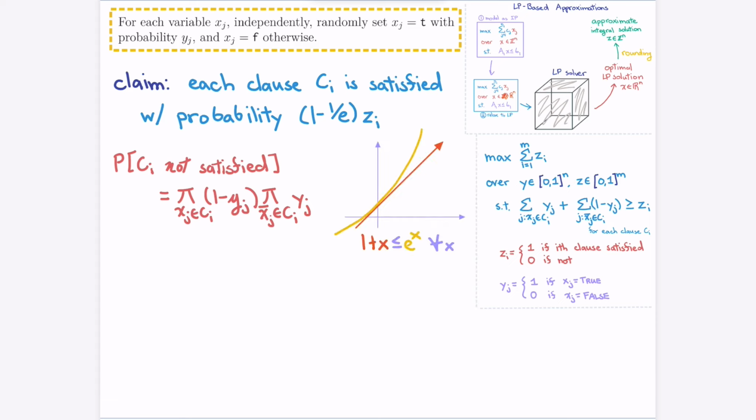Okay, so we're going to use the world's most useful inequality. If you plot 1 plus x and e to the x, at 0 they're both equal to 1. But actually, e to the x always grows faster because the derivative is e to the x, right? It grows faster in the positive direction, and it grows slower in the negative. So you always have this inequality: 1 plus x is less than or equal to e to the x for all x. This thing is super useful.